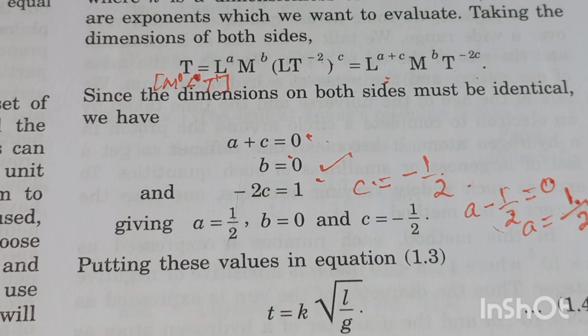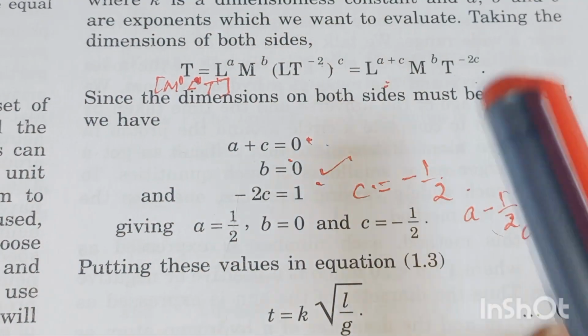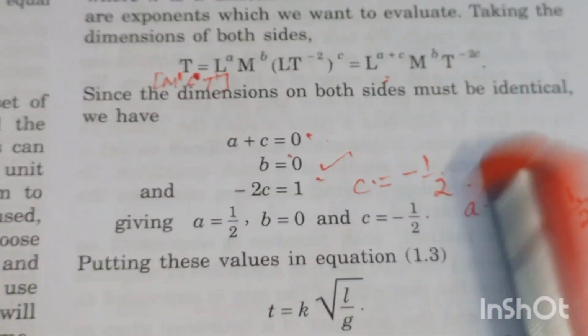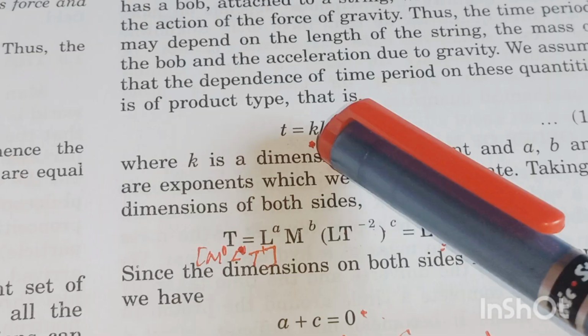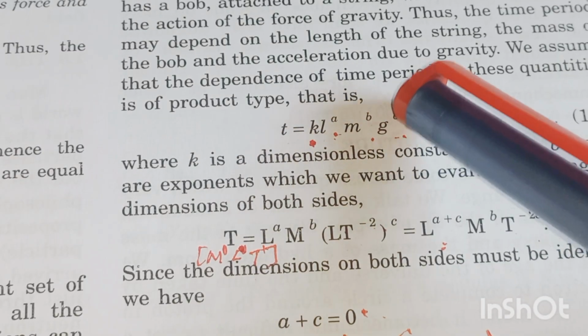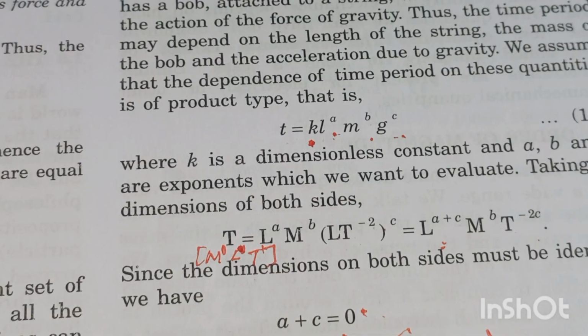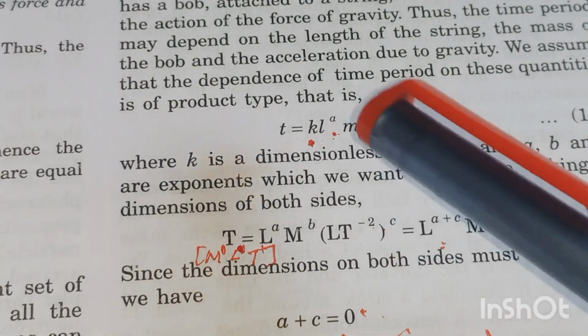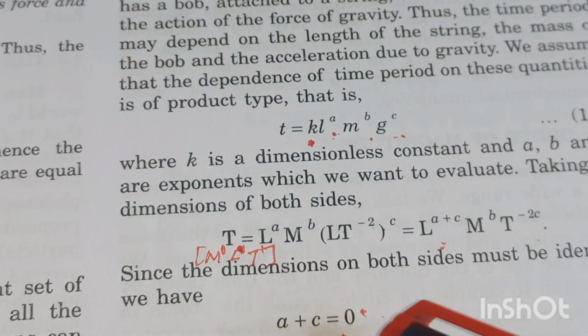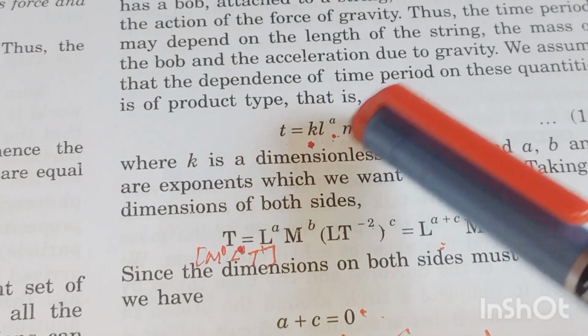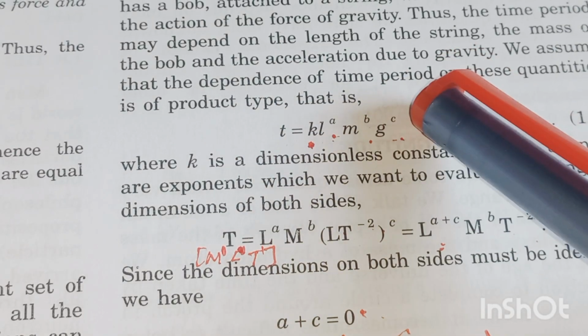So therefore we will substitute here in the above equation, that is T is equal to k L raised to a, M raised to b, G raised to c. So here k as it is outside we will keep. So M is 0 here, that is b is equal to 0, M raised to 0 is 1, right?